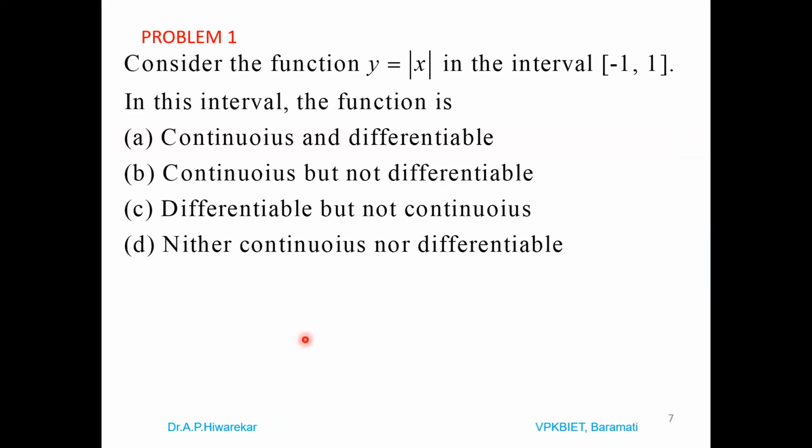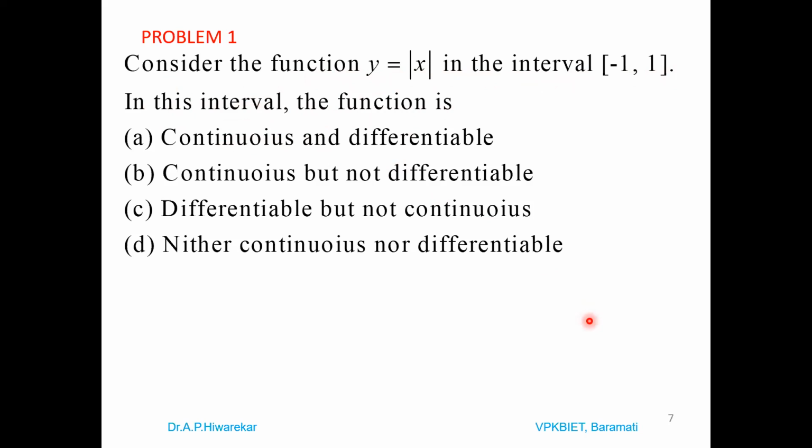This is a problem I have chosen from the GATE examination question paper. I hope you are ready with your pen and notebook. Consider the function y equal to mod x in the interval -1 to +1. In this interval, the first option is that the function is continuous and differentiable.